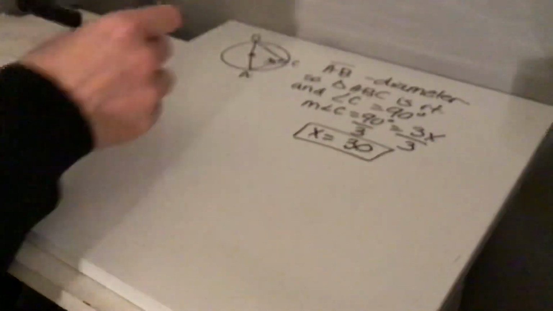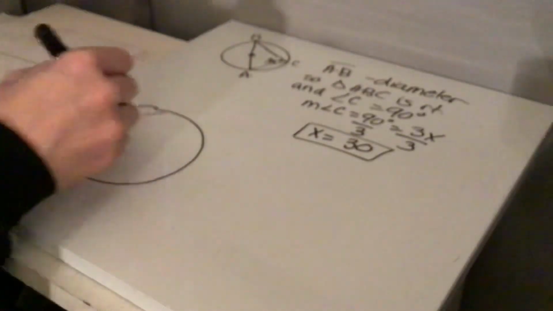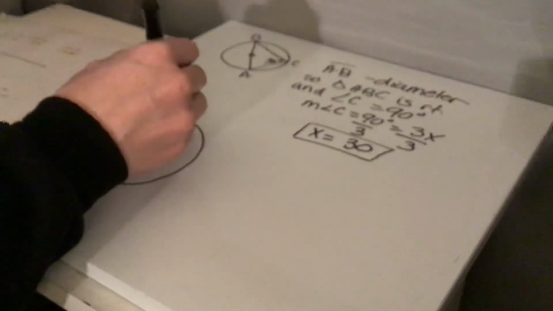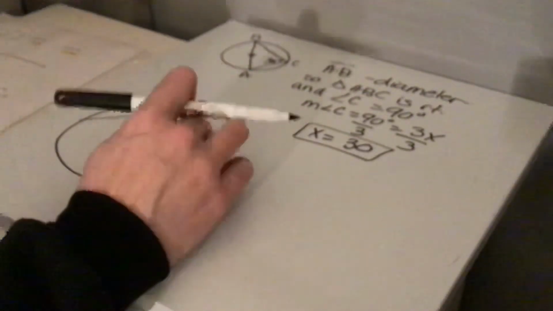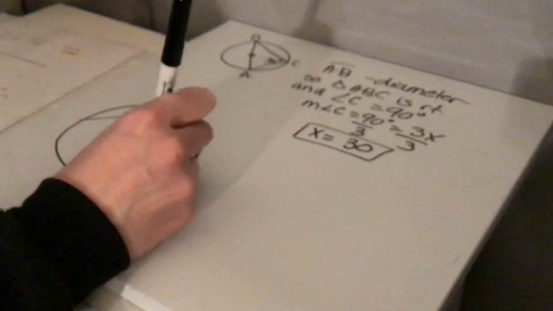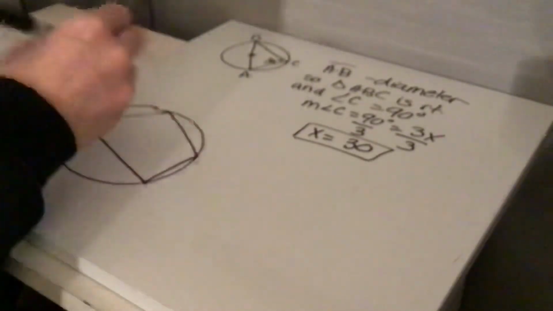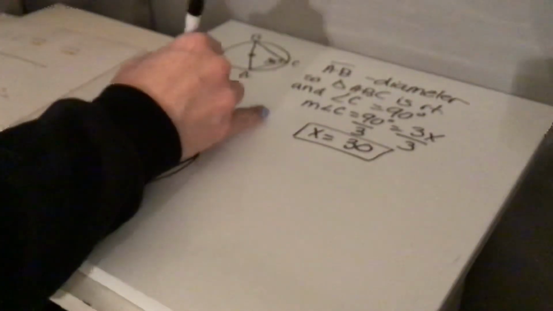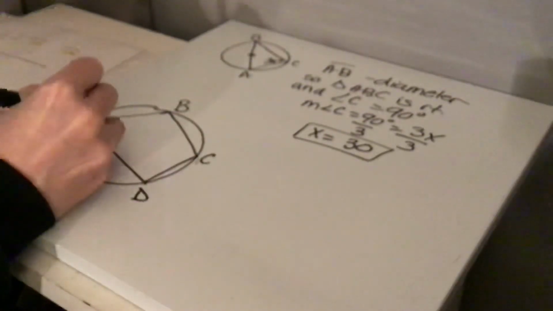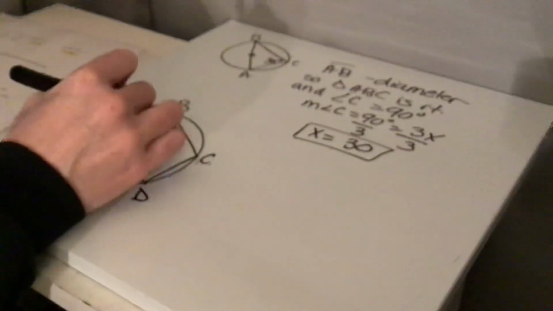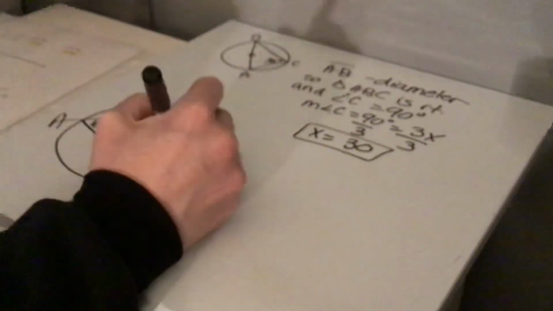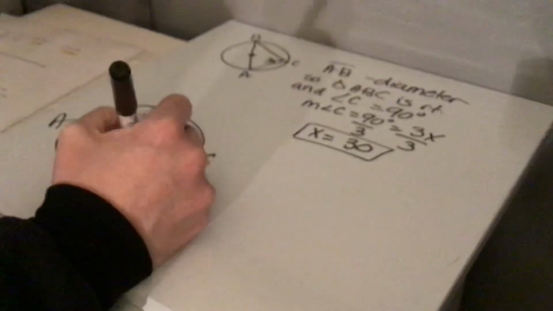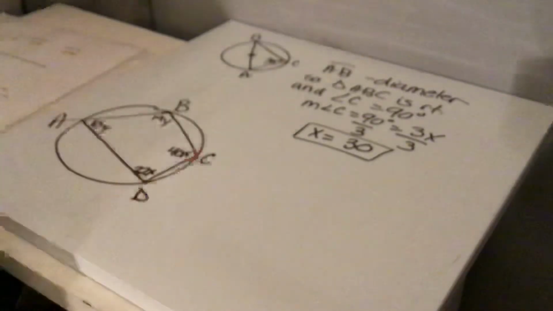Okay. And one more. Here is our circle. We have a quadrilateral inscribed in the circle, and this is quadrilateral A, B, C, and D. We know A is 10y, B is 19y, C is 40x, and D is 22x.